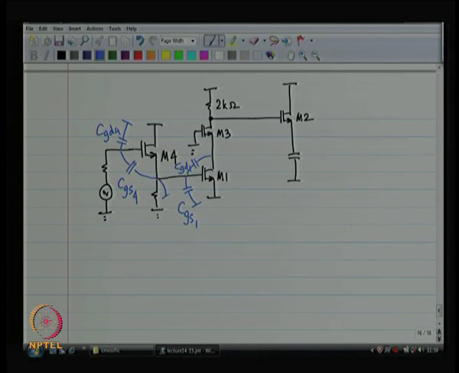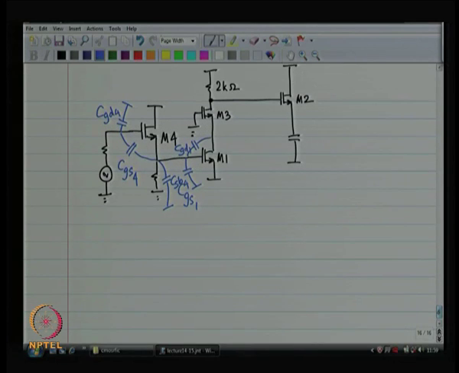I have got C source to body of device number 4, which is going to come in shunt with gate to source of device number 1. So, these are the new things that I need to compute, all else remains the same. All the other taus are not going to be affected at all, right. So, this is my plan.